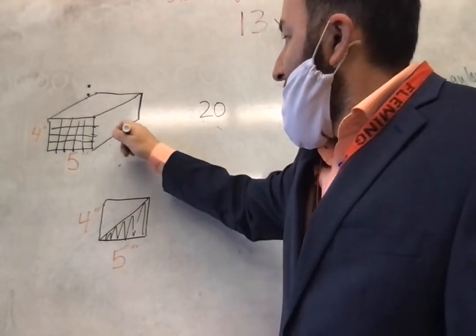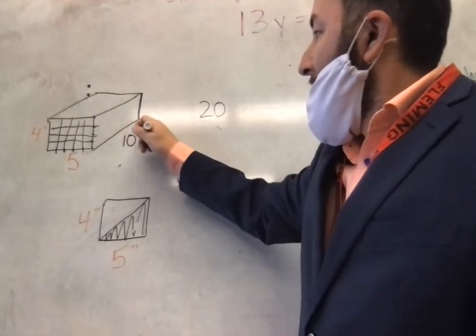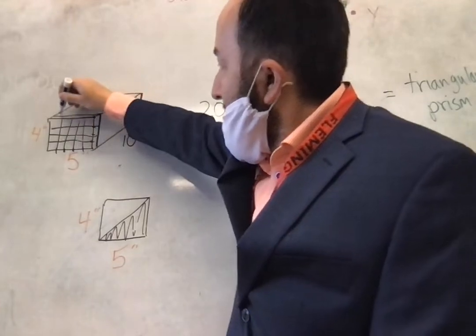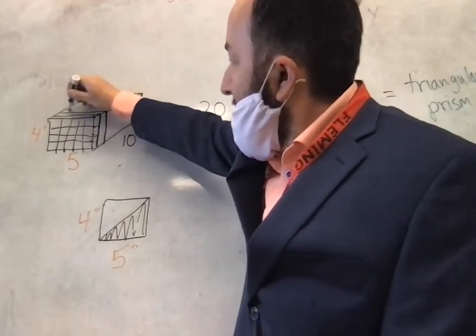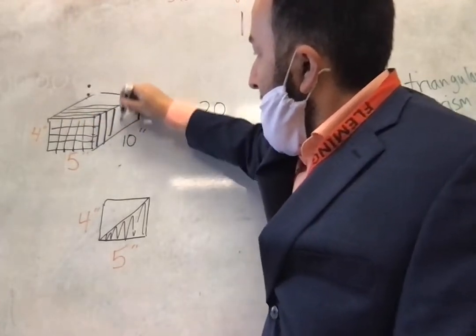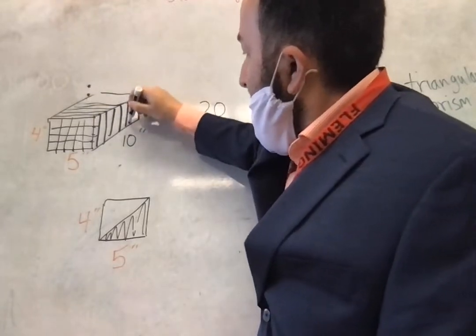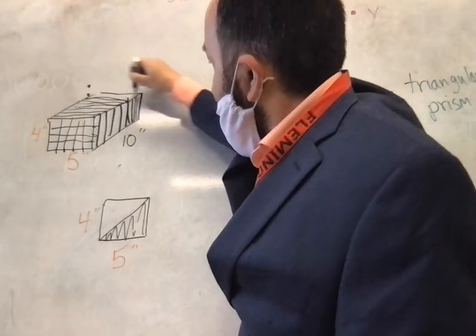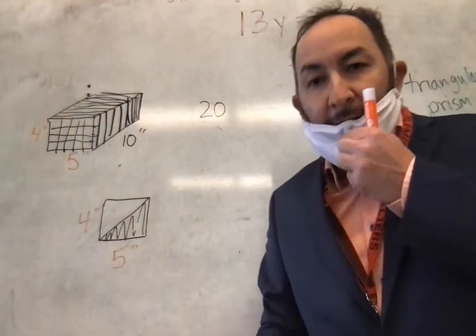So to make it easy, let's say that this is 10 inches. So that tells me that there's 10 of these slices right here, 10 of these rectangles. 1, 2, 3, 4, 5, 6, 7, 8, 9, 10. We're going to have to pretend that there's 10 of them right there, okay?